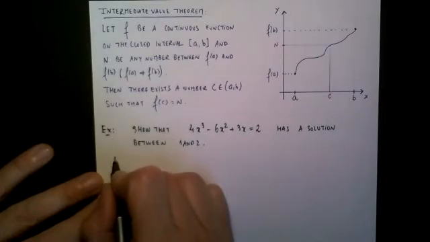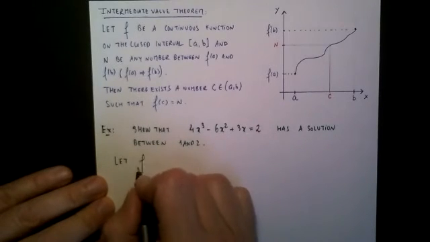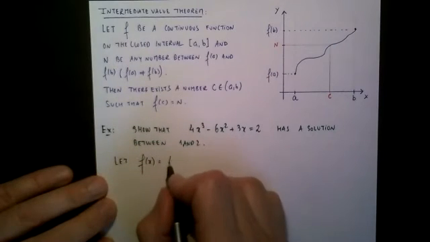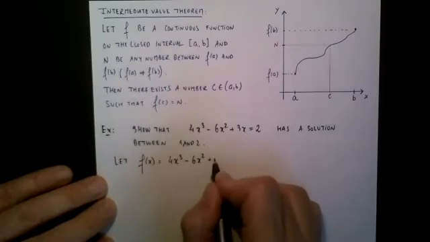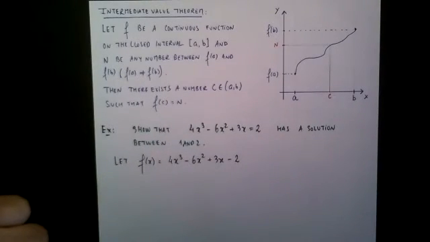So let f of x, so the function, I'm going to send everything to the left: 4x cubed minus 6x squared plus 3x minus 2. Okay.